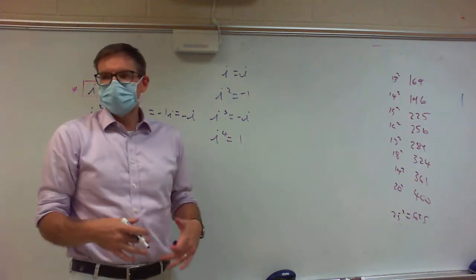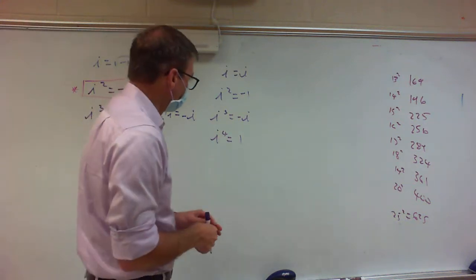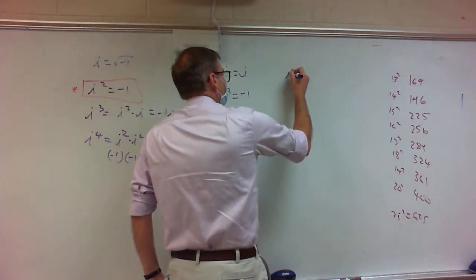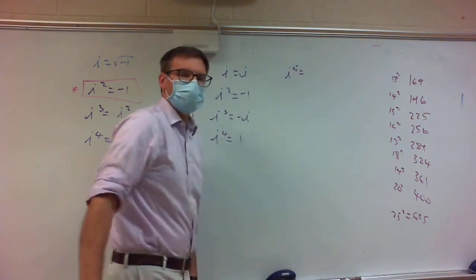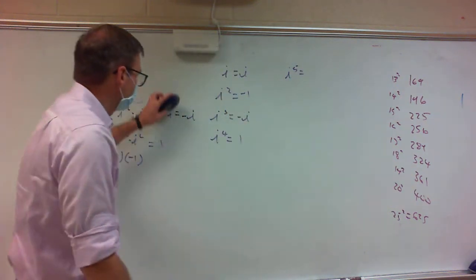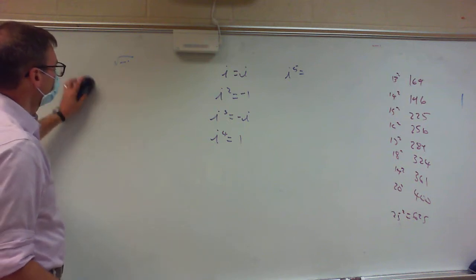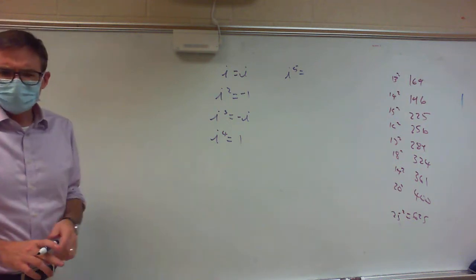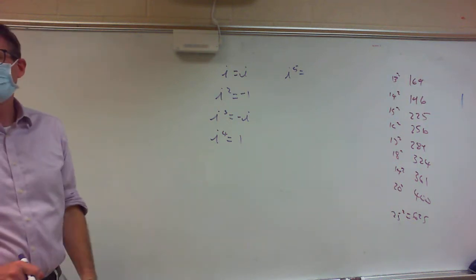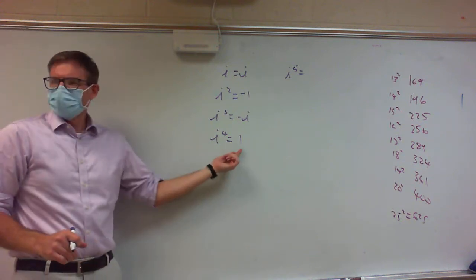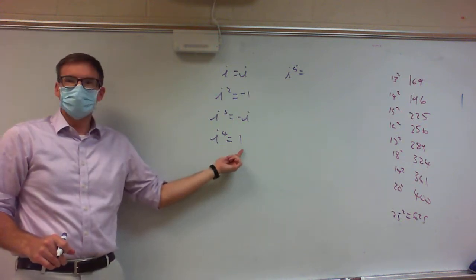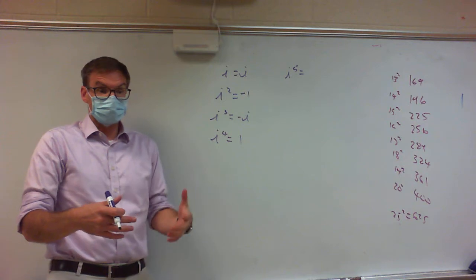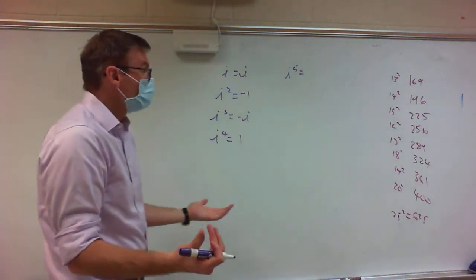I did say that we're going to find I to a bunch of different powers. So let's talk about I to the 5th. I need some room, so I'm going to write over here. Well, I to the 4th is pretty nice, right? Because anytime you see I to the 4th, that's just 1.